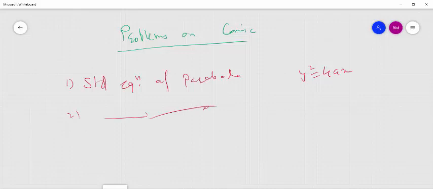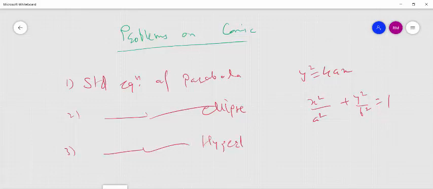Similarly, the standard equation of an ellipse is x square upon a square plus y square upon b square equal to 1. The standard equation of a hyperbola is x square upon a square minus y square upon b square equal to 1.